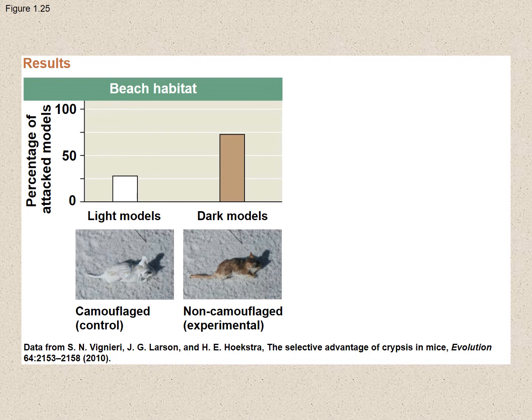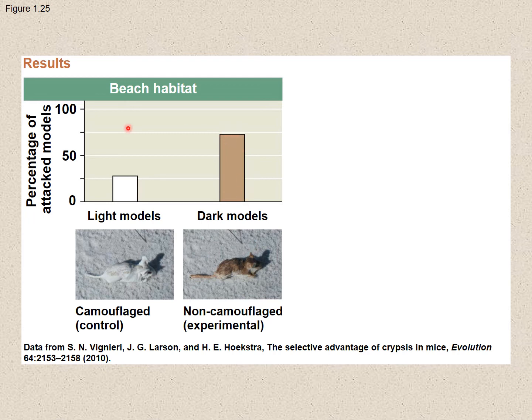Now, these are the results, right? The results are often shown in a graph format, so it's easily visualized. Here we have the beach habitat, and this graph shows the percentage that were attacked. In the beach habitat, you would expect the darker models to be attacked more because they're more conspicuous, and that was, in fact, the case.